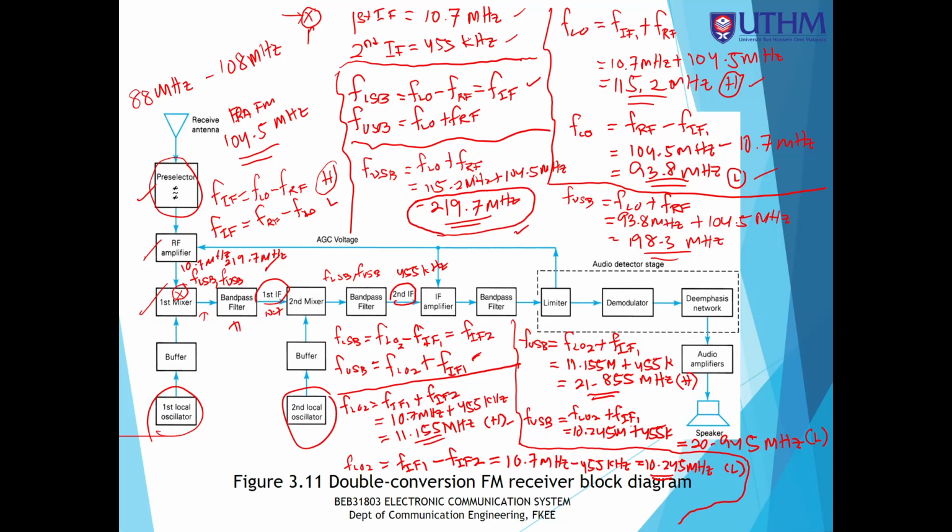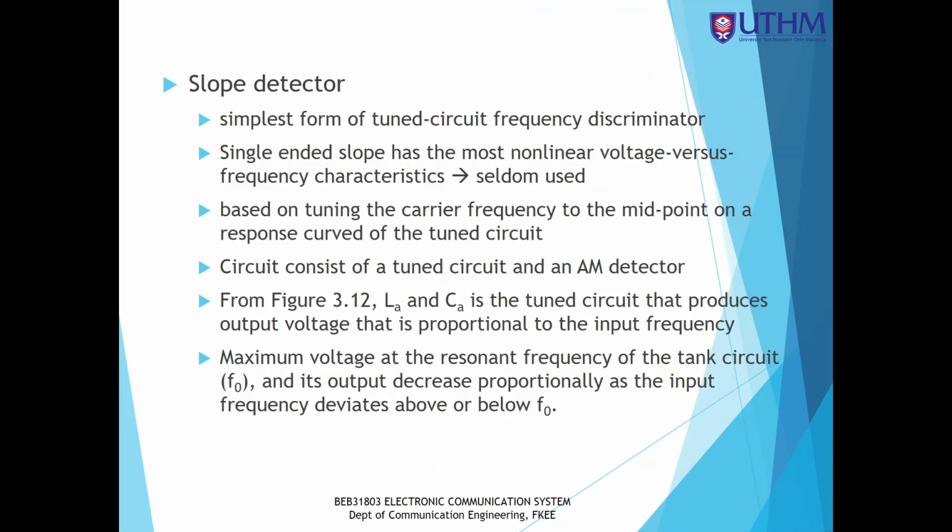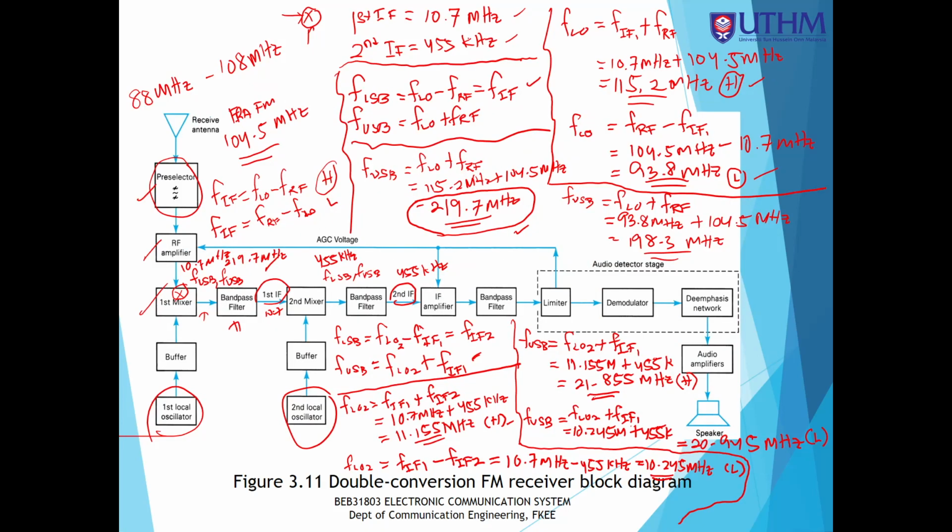That means the lower frequency produced by the second mixer is the 455 kilohertz, which is the second IF. And the upper side band, if I use high side injection, is 21.855 mega.